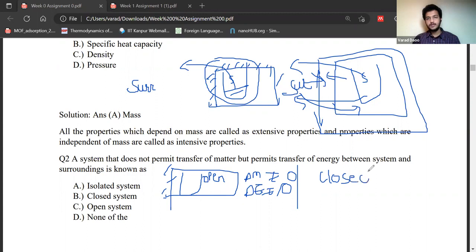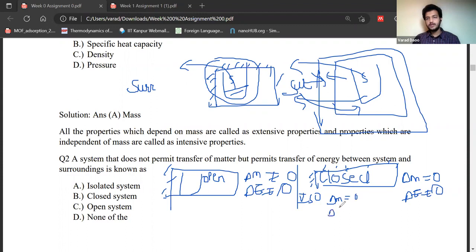So for a closed system, delta M equals 0, but delta E is not equal to 0; it can exchange energy. And if in a closed system you prevent heat transfer, it does not exchange energy, so it will be isolated, in which delta M is also 0 and delta E is also 0.